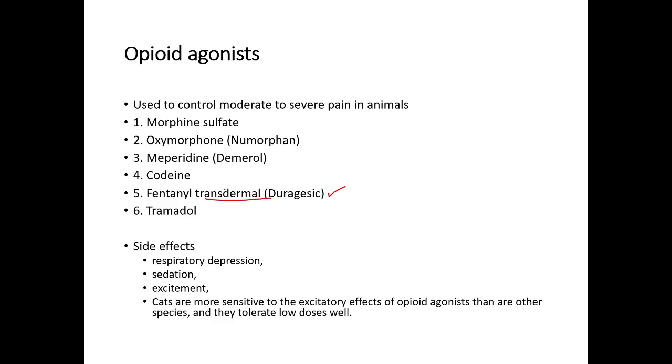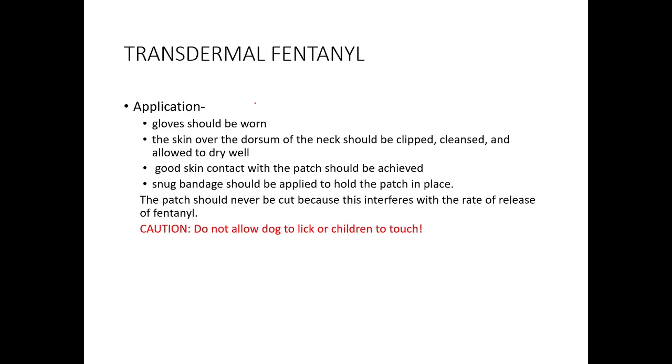Fentanyl has a very short duration of action, so it is not used often. And then tramadol is a synthetic opioid. The effects are respiratory depression, sedation, and excitement, especially in horses and cats. Cats are more sensitive to the excitatory effects than our other species, so they tolerate low doses really well.